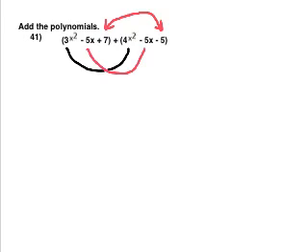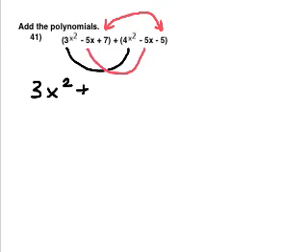Now watch what happens. We can put these together because we have that rule. Remember, we should look at all these as signed numbers, and if they're all signed numbers added together, we can move them around. So if you want to, you can move the like terms next to each other.